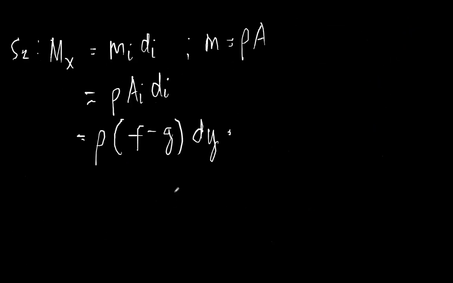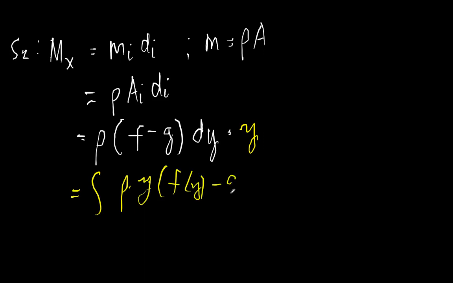So it's just simple. Let's now use the integral: rho times y times f of y minus g of y dy.